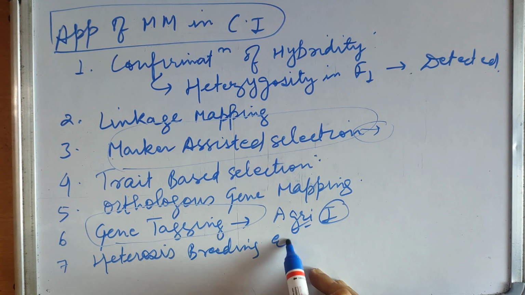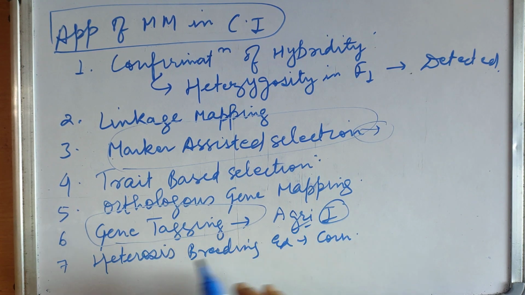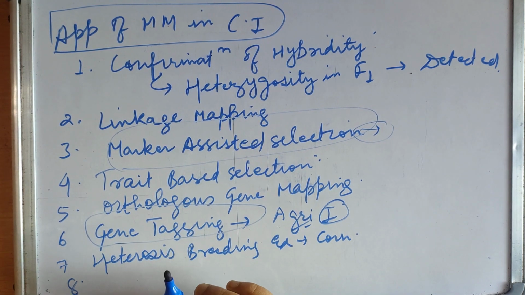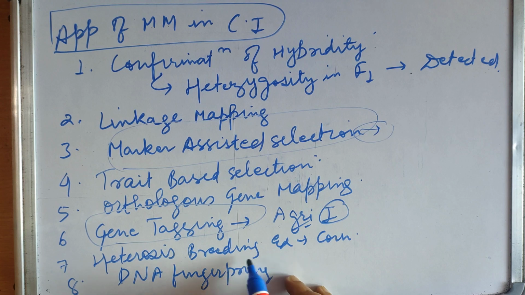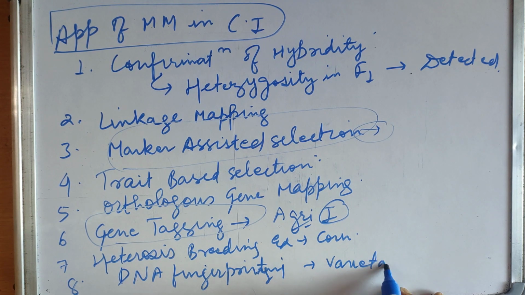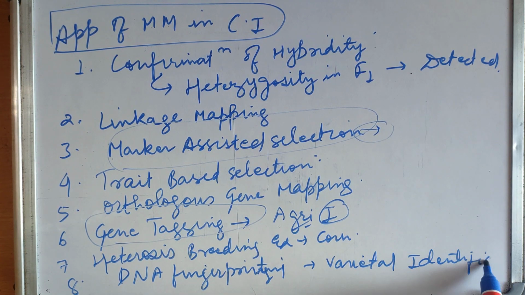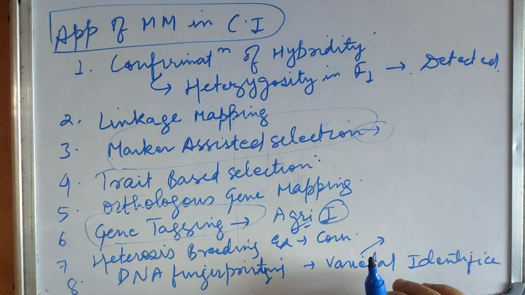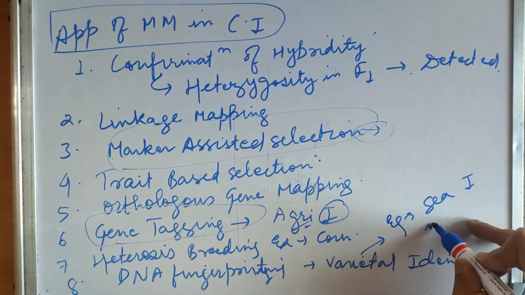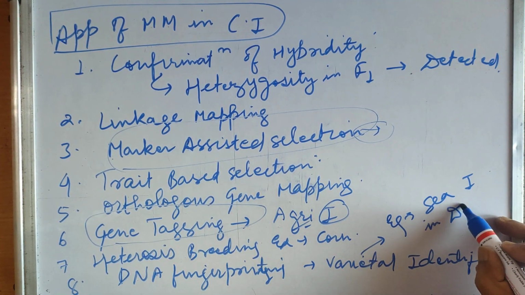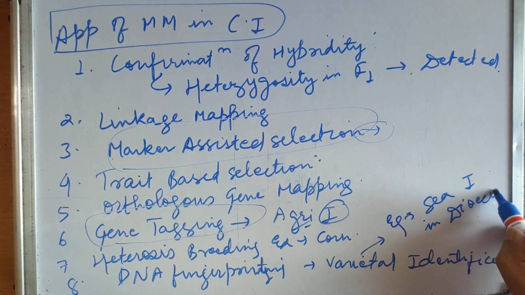For example, we can do this in corn. DNA fingerprinting for varietal identification. For example, sex identification in dioecious plants.